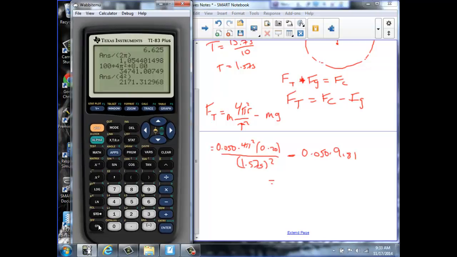Okay, let's try this. 0.050 times 4 times pi squared times 0.2 divided by, it was exactly 1.57 squared. And then minus 0.050 times 9.81.